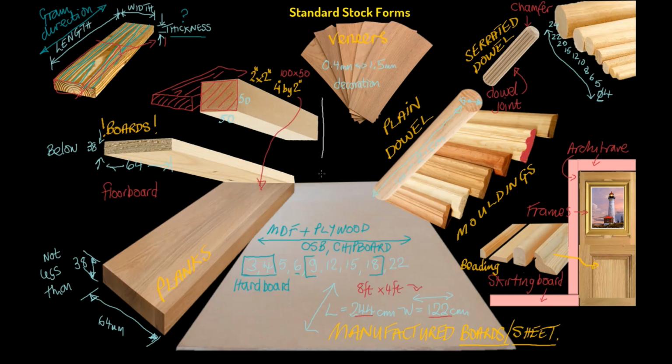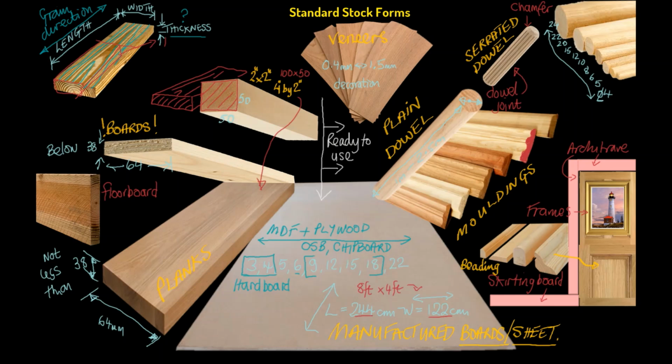All the materials on this side of the screen, and that includes the manufactured boards as well, are ready to use. So you can buy them and directly place them into your projects. However, with all the natural timbers that we've got on this side, they've been through a process called conversion, which is cutting this up from logs into the planks that we require.